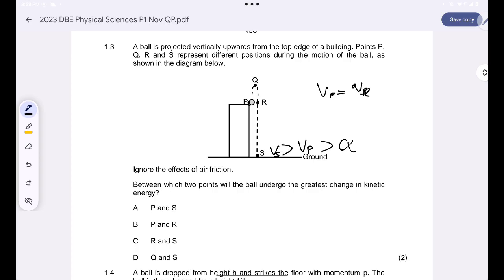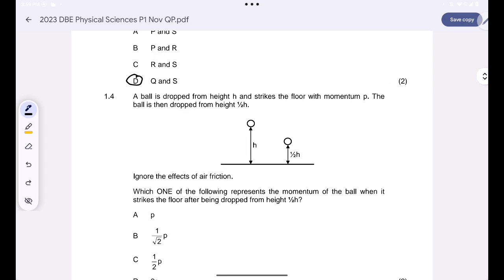So between which points will the ball undergo the greatest change in kinetic energy? My answer is D. Why? Because the velocity at point Q is 0 meters per second, and then here we will have a velocity which is way greater than 0 meters per second. So if you calculate the change in kinetic energy, it will be greater between these 2 points, points Q and S rather.